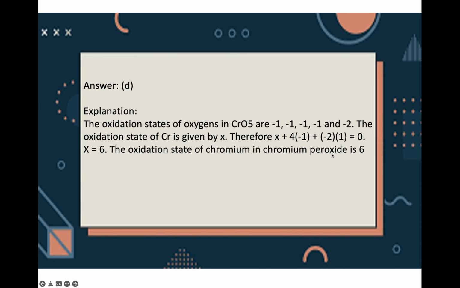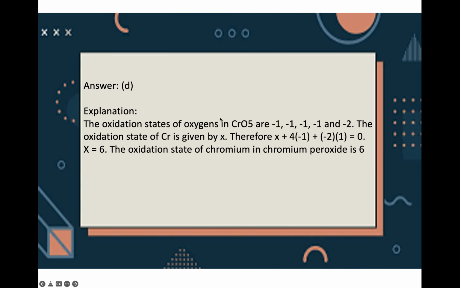The oxidation state of chromium will be 6 here. So just remember that about the oxidation states of oxygen in this particular compound. 4 will be -1 and the 5th one will be -2. So that is why the 4 are minus, so we take it as -1 each, and for one oxygen atom, normally oxygen has -2.